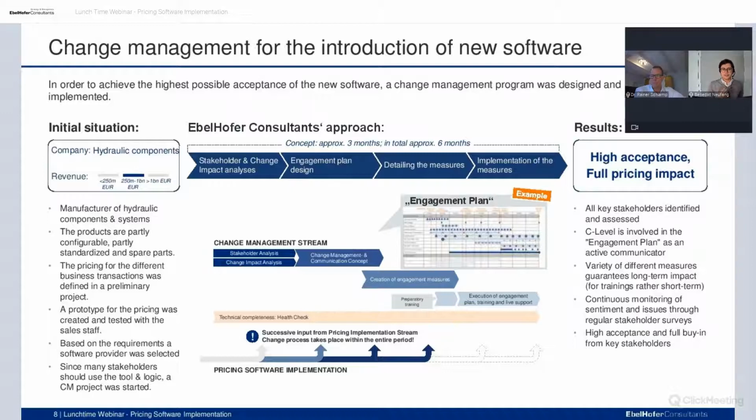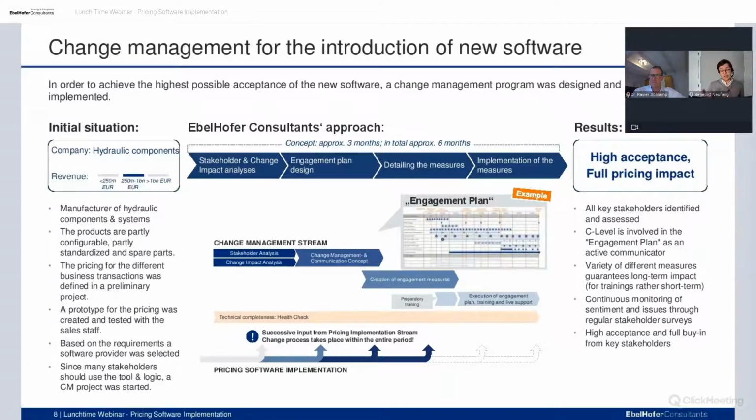And this can be, for example, C-level management involvement. This could be a podcast from the CEO. This could be regular newsletters, and this goes down to the typical training sessions that should really be practical, hands-on, ideally already in the system, based on real opportunities and pricing situations.